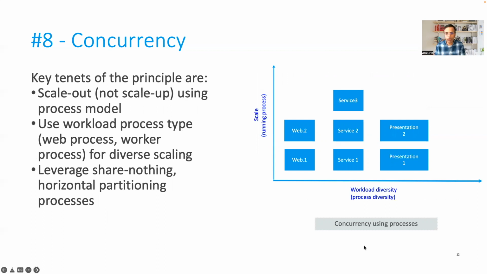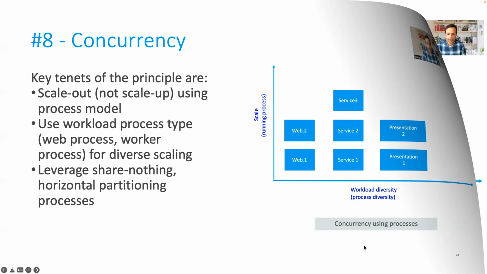So I have a web workload, I have a service workload, I have a presentation tier workload, whatever it is. You should be able to scale up and add the same capacity to process more and more transactions. It should not be that you're adding more pods and it's adding more overload. So that's the key essence of the principle, that if you are following share nothing architecture, if you are ensuring that your application can scale up, not scale out, then you can pretty much achieve this principle.